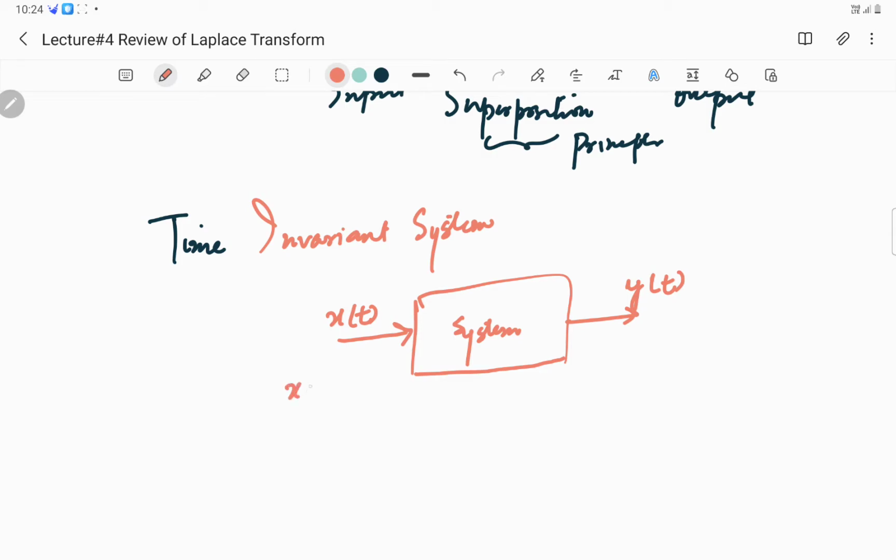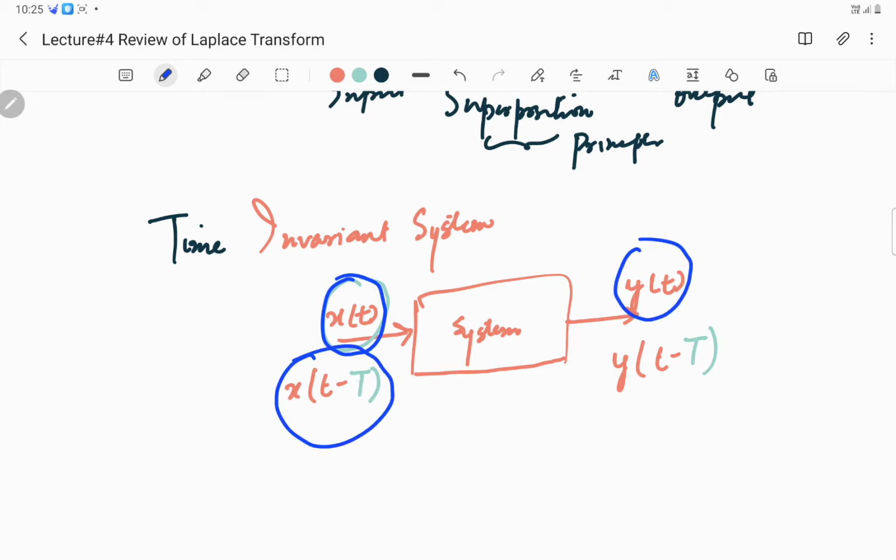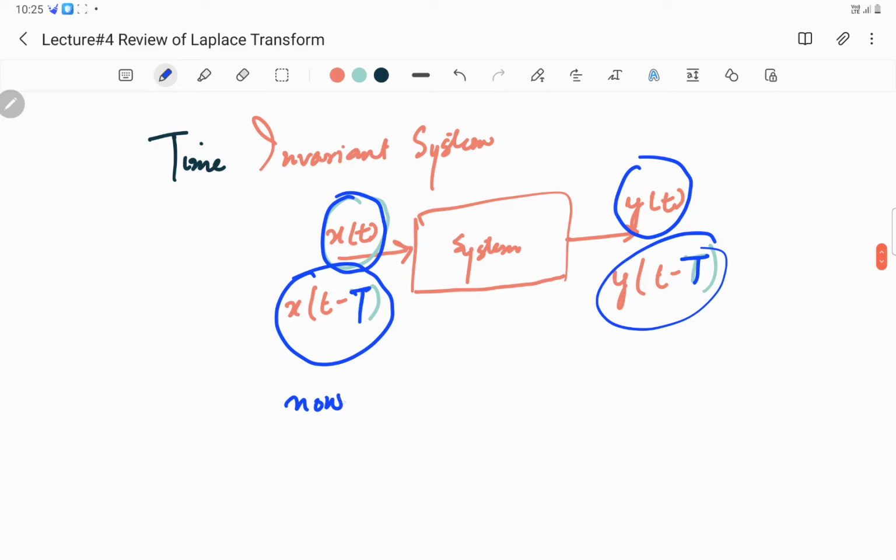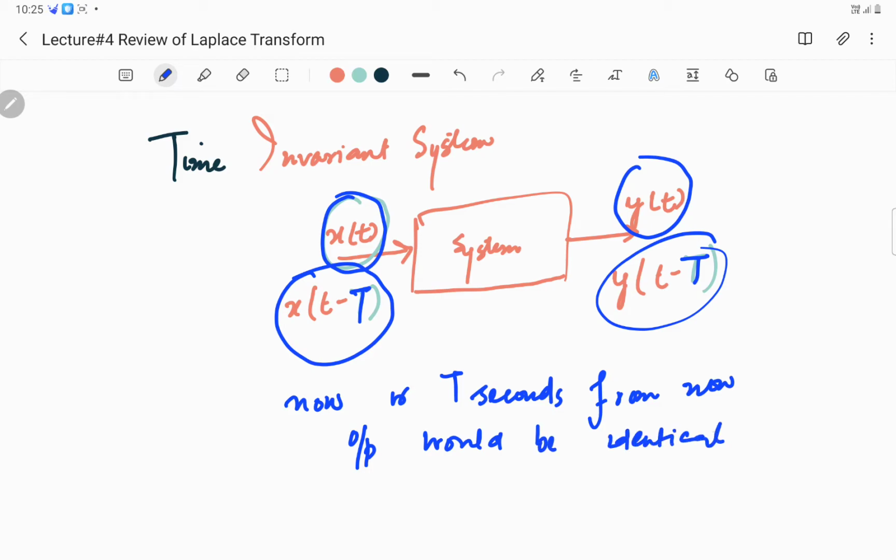Now if I apply x of t minus some delay T, I'll get y of t minus T. So if corresponding to x of t, my response is y of t, corresponding to x of t minus T, the response of the system is y of t minus T. So time invariance means whether we apply input to the system now or T seconds from now, that is after a delay, the output would be identical, except for a time delay.